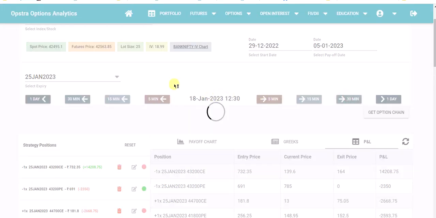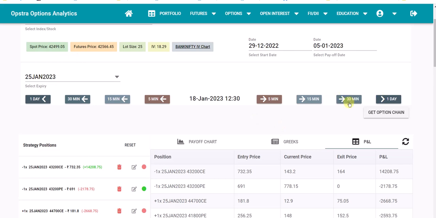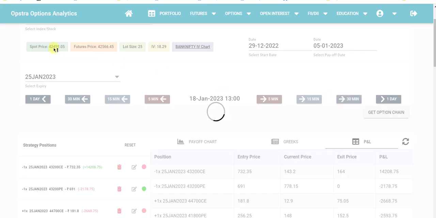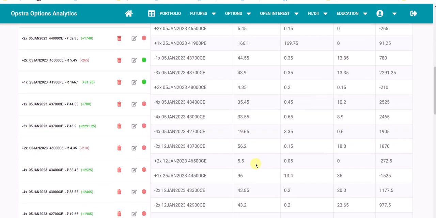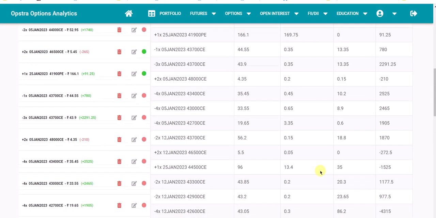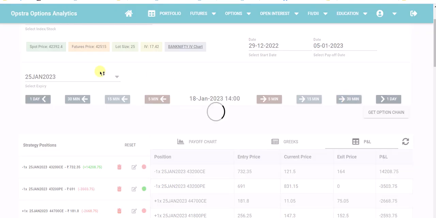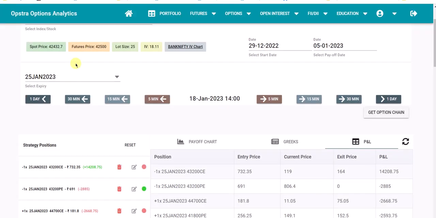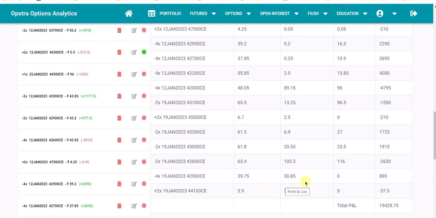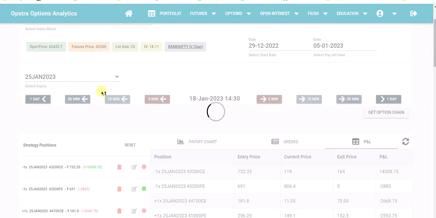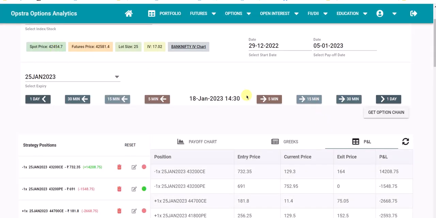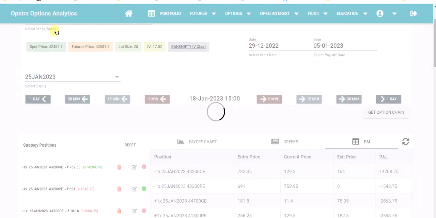Not much movement. We are still fine. If the premium goes below 15, we can take the decision here. Not much movement, and we are 1 day before expiry.